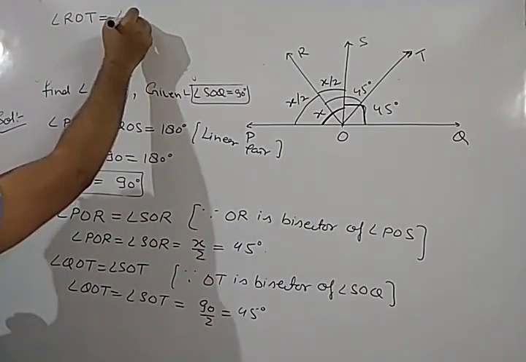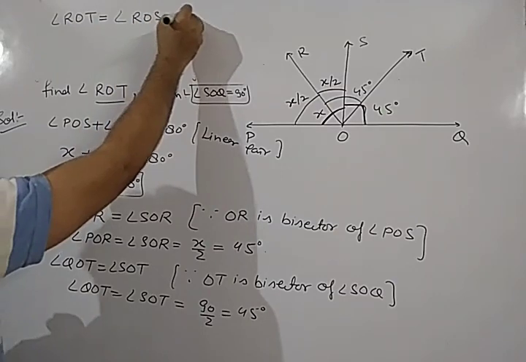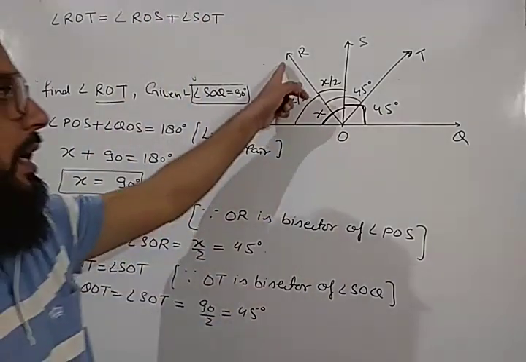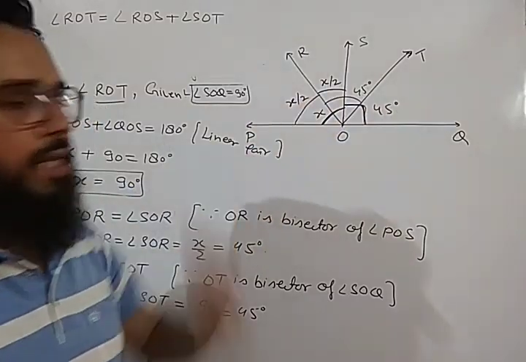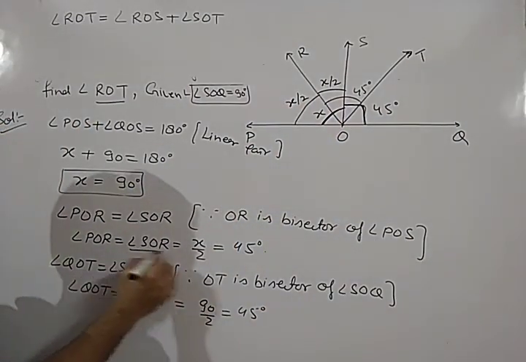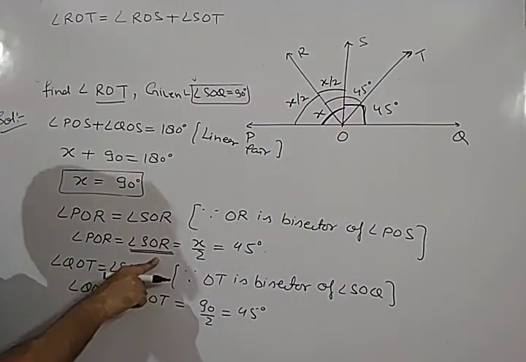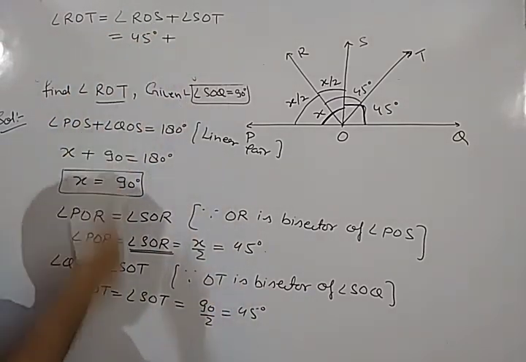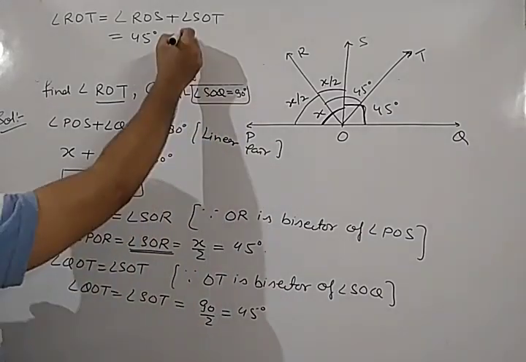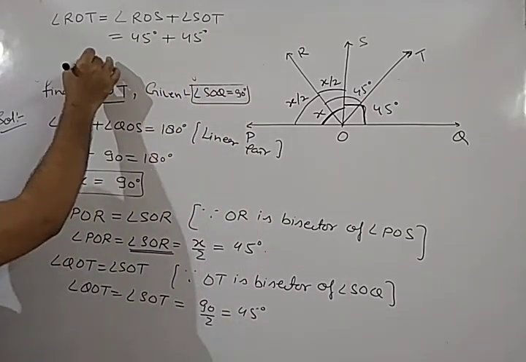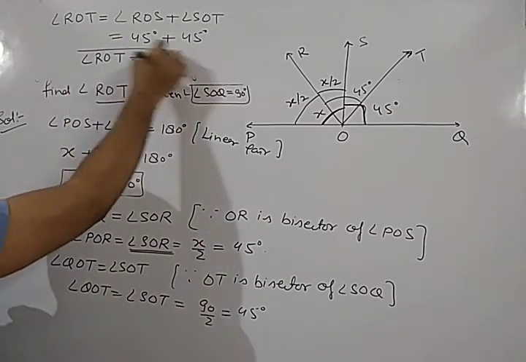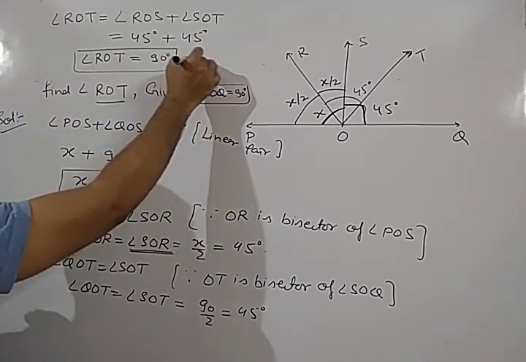And what is the value of angle ROS? ROS or SOR both are 45. So we are writing here 45 degrees plus SOT. It is also 45 degrees. It means the value of angle ROT will be equal to 90 degrees. And it is our answer.